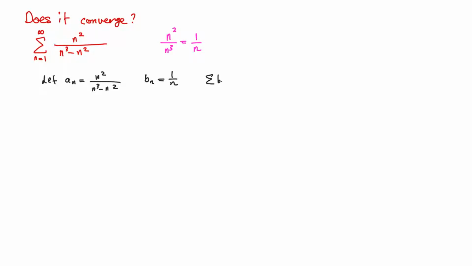Series B diverges by the P series test, since P is equal to 1, which is smaller or equal to 1.